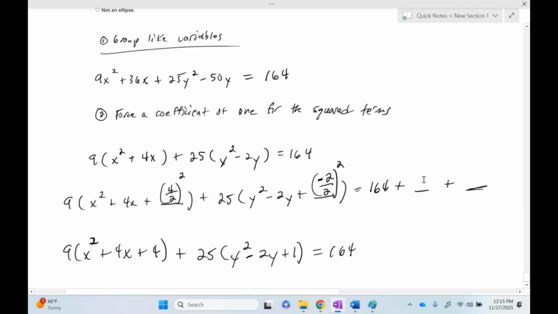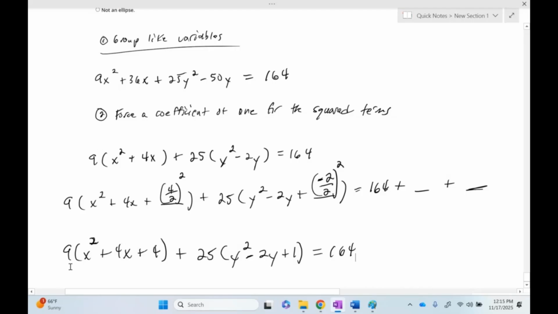Now, as far as these blanks are concerned, what did I actually add to the left-hand side? Whatever that is, I need to add the same thing to my right-hand side. So this is where you got to be careful. Notice right here, 9 times x squared, that's 9x squared. I started with that. 9 times 4x is 36x.